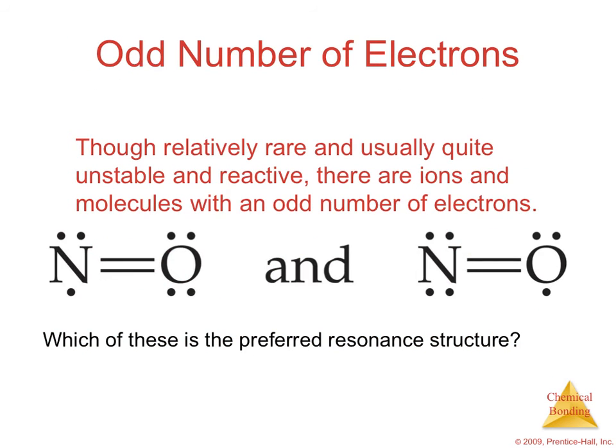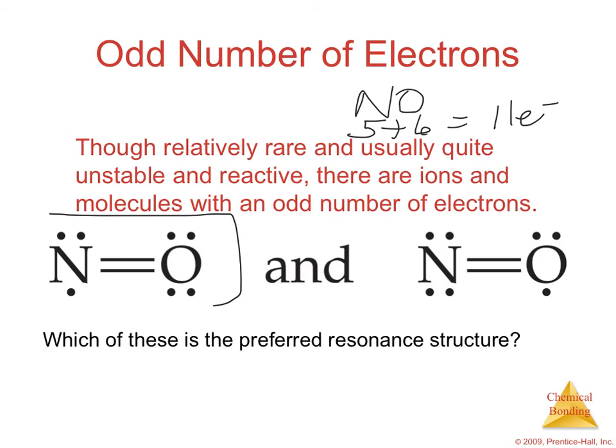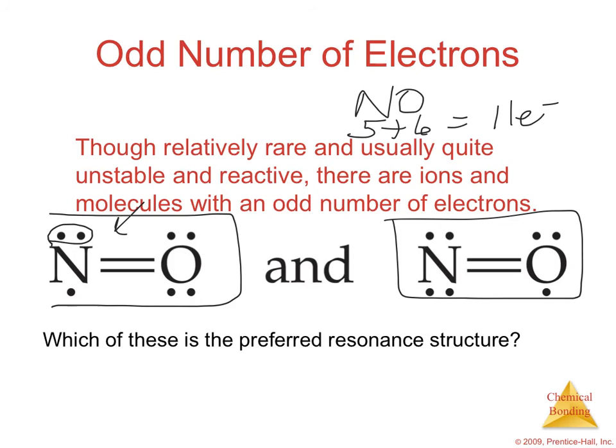Some Lewis structures, for example, nitrogen monoxide, if you count valence electrons, you get an odd number, 11 electrons. No matter what you do, one of the two atoms involved is not going to have an octet. They're going to have an odd number. So the structure to the left, nitrogen has 2, 4, 6, 7 electrons around it, so it doesn't have an octet.